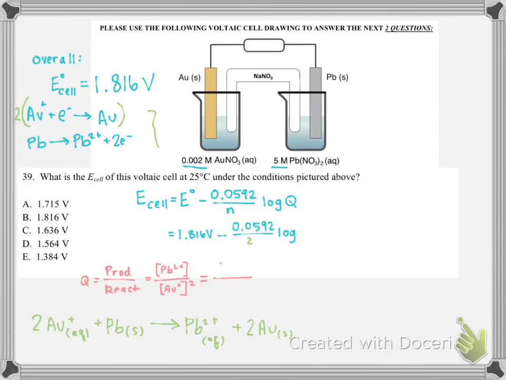So we're going to have 5 molar divided by 0.0002, oops, an extra 0, sorry, molar squared. We'll punch this in to get Q. And then we get that giant Q of 1.25 times 10 to the 9th, and we can plug that in to our equation above.